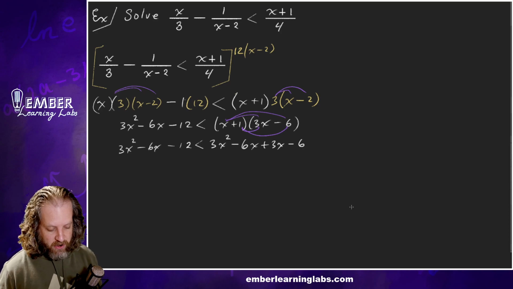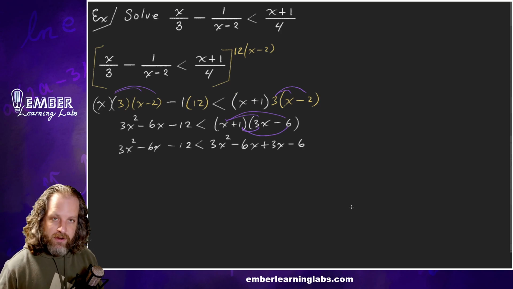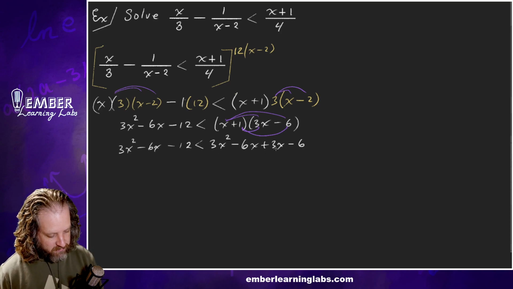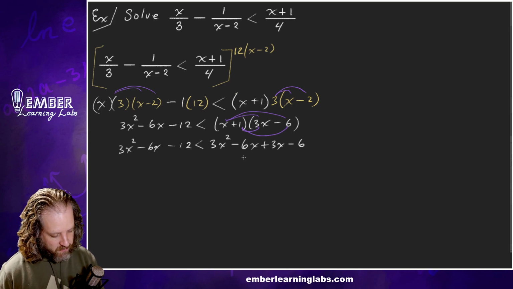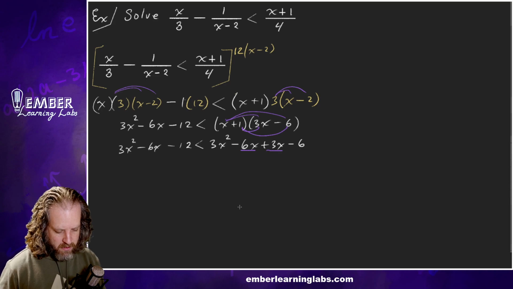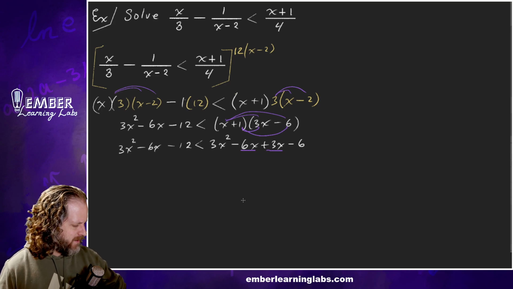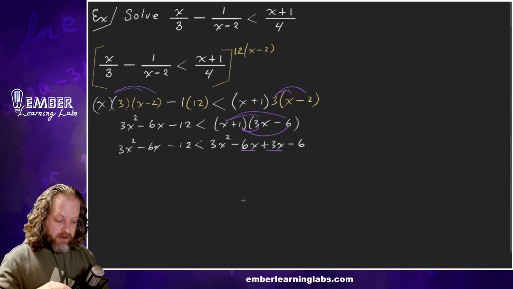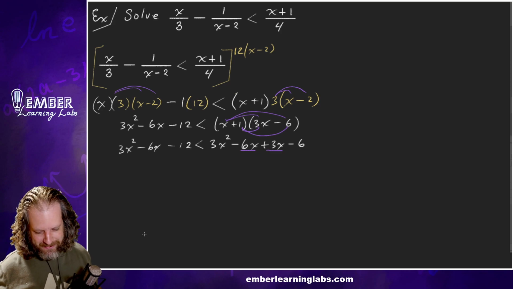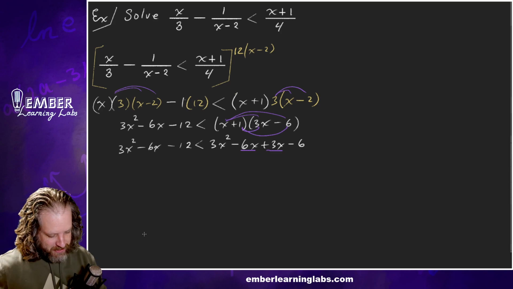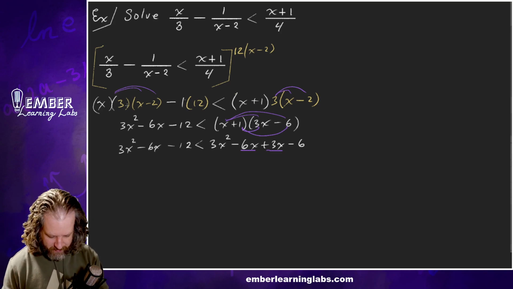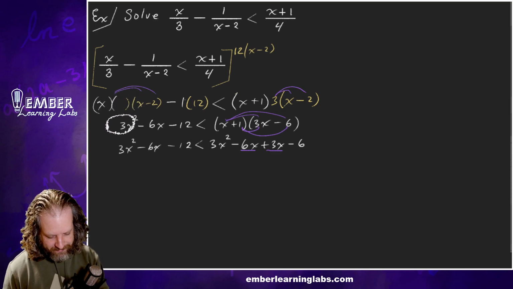Okay, so what do we do now? Well, let's combine like terms over here. I don't feel like this should go poof away. So let me pause and make sure I didn't make a mistake. I did make another mistake. Good grief, y'all. This is the trying to do too much in one day. 12 divided by 3 is in fact 4, right?